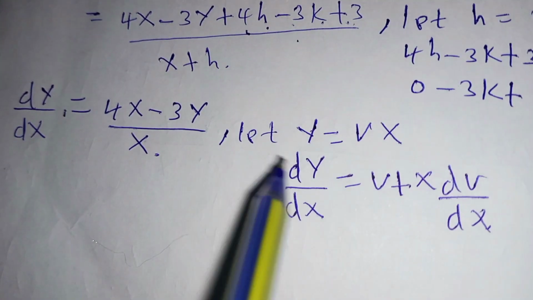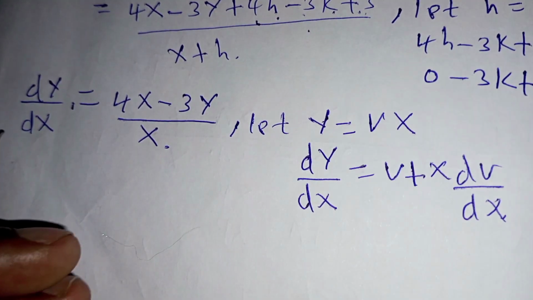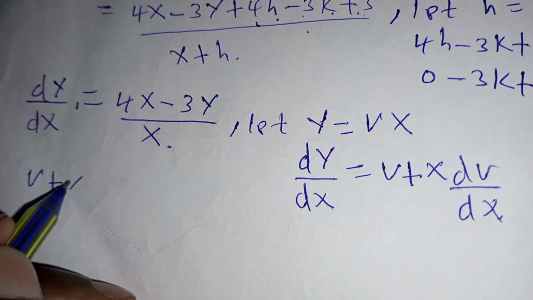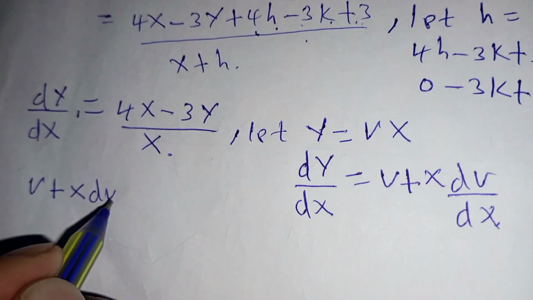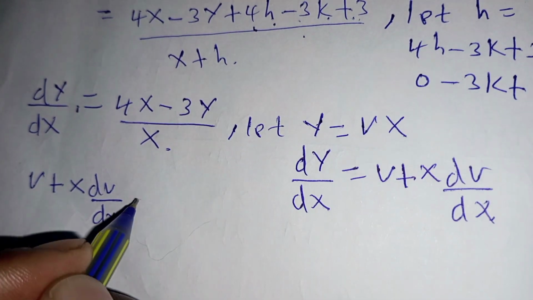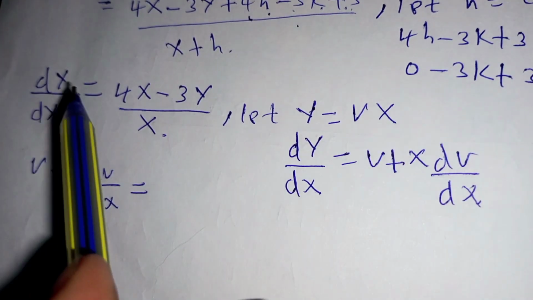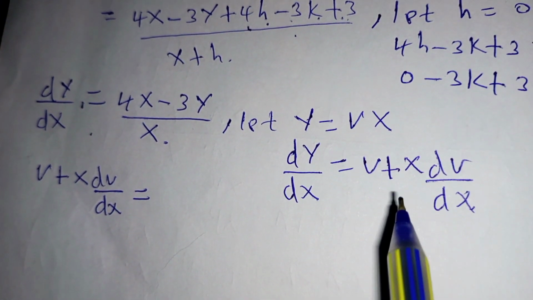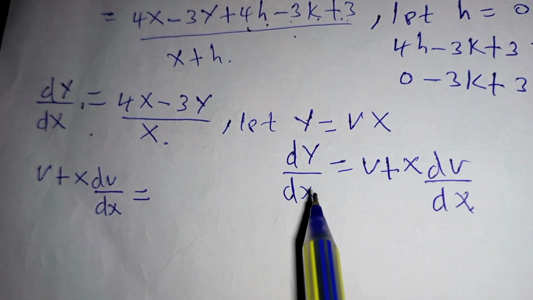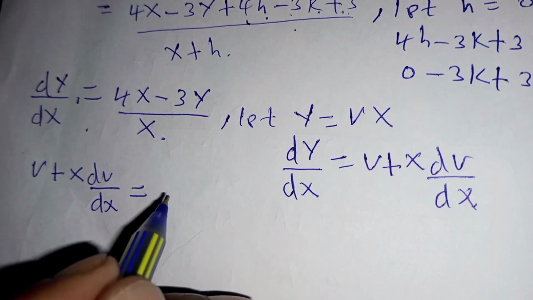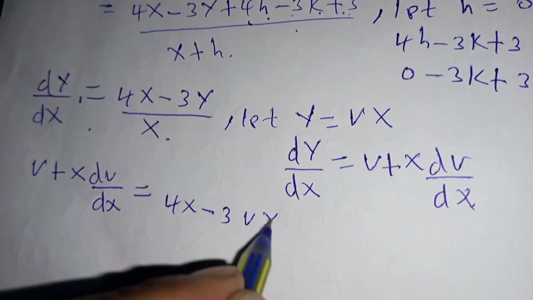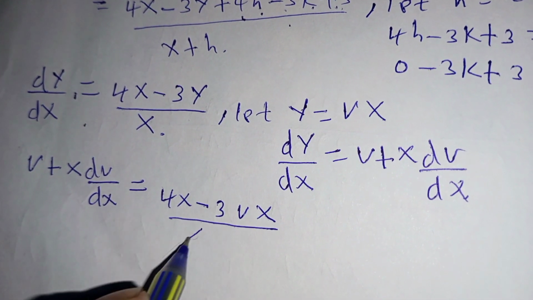We are going to compare the left hand sides, which are equal. So we are going to write v plus x dv over dx, which is equal to, equating the right hand sides because the left hand sides are equal, 4x minus 3vx divided by x.